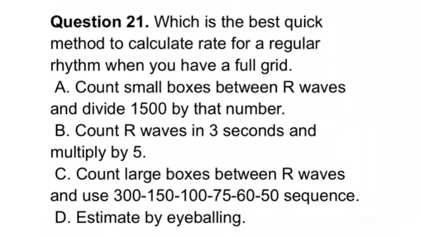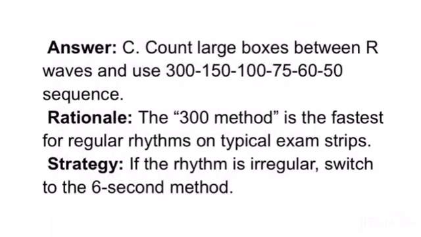D. Estimate by eyeballing. Answer, C. Count large boxes between R waves and use the 300-150-100-75-60-50 sequence. Rationale: the 300 method is the fastest for regular rhythms on typical exam strips. Strategy: if the rhythm is irregular, switch to the 6-second method.